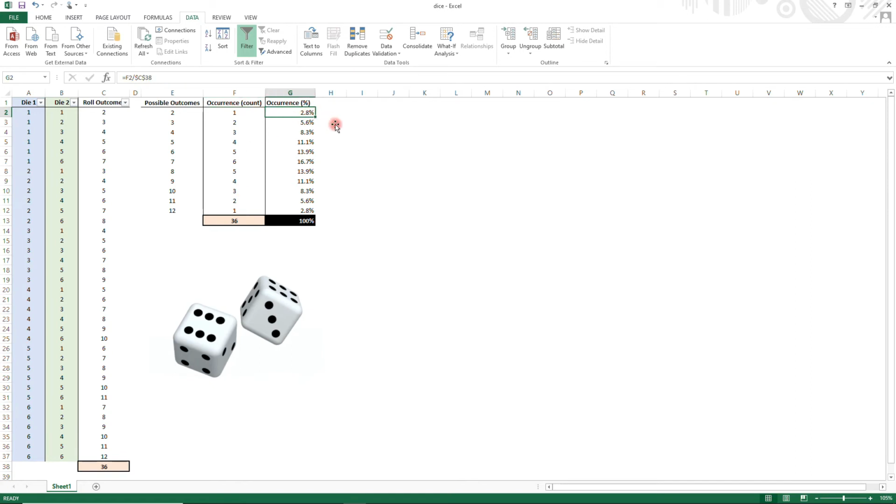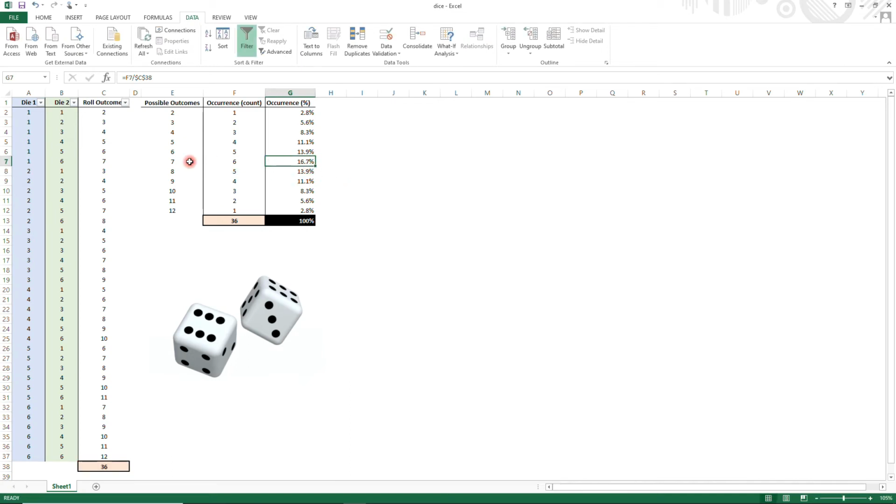You can see my formula here as well. 1 divided by, all the way down here, 36, or even this number here, doesn't matter, it's the same. And if I go, for example, for possible outcome 8, I have 5 possible combinations, and if I divide that number by the total outcomes that I can have, which is 36, I have that 13.9%.